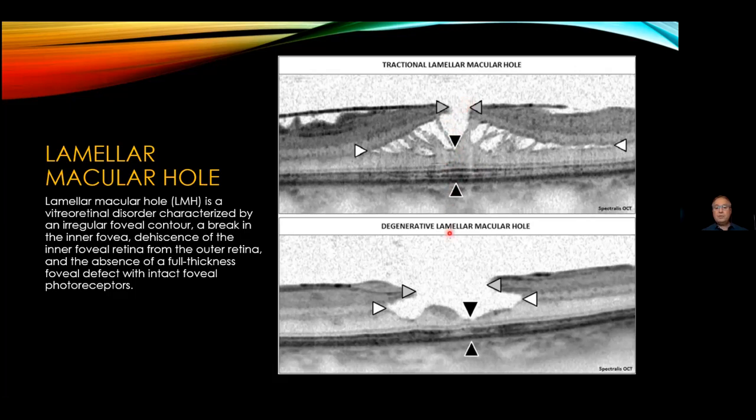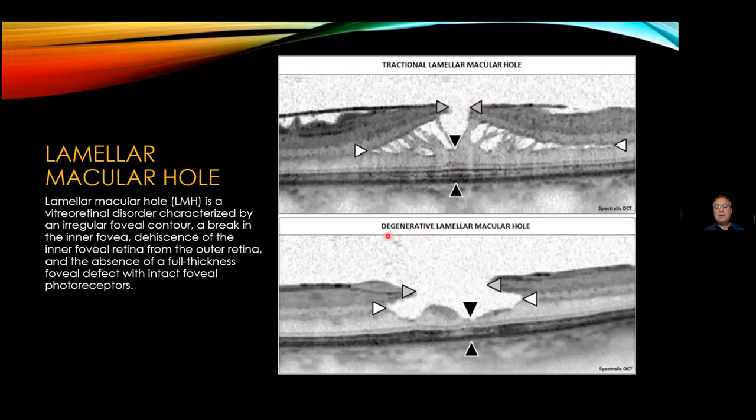Now, there are two different types of lamellar macular holes that have been identified. So the one is called a tractional lamellar macular hole. That's where you've got an epiretinal membrane, that dark line sitting there, distorting the inner layers of the retina. And often this can be surgically corrected.